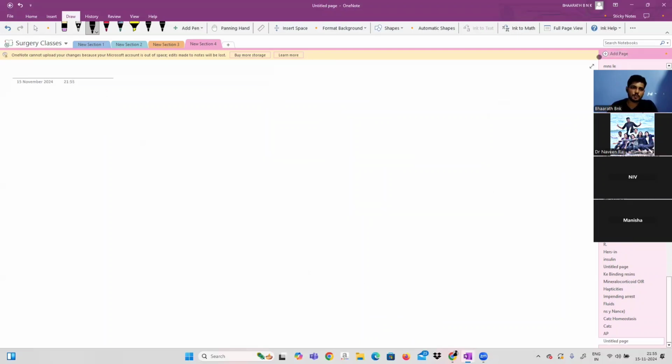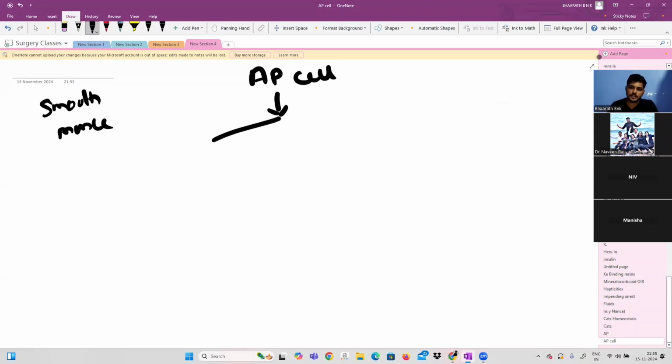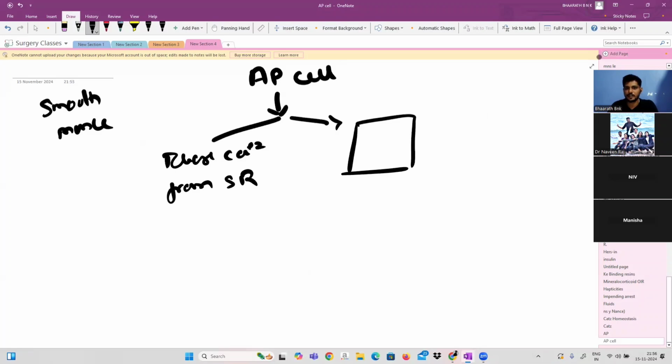But what happens in a smooth muscle is, as the action potential reaches the cell, this action potential, just like in skeletal muscle, will release calcium from the sarcoplasmic reticulum. But also, this action potential will activate the ligand-gated and voltage-gated calcium channels.